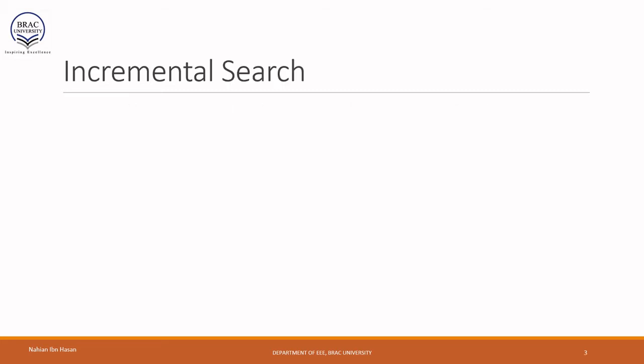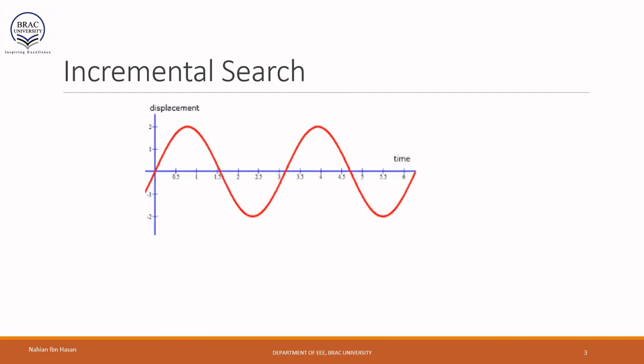Let's look at the details of incremental search. This is a sinusoidal function, and if we want to find the roots of this function, we see that there is a root near 1.5, near 3.2, and in the vicinity of 4.7. So there are many roots of this sinusoidal function, and if we plot this function before diving into the bracketing methods or open methods, we would have assumed our initial boundary to be 1 and 2, or 2.5 and 4.